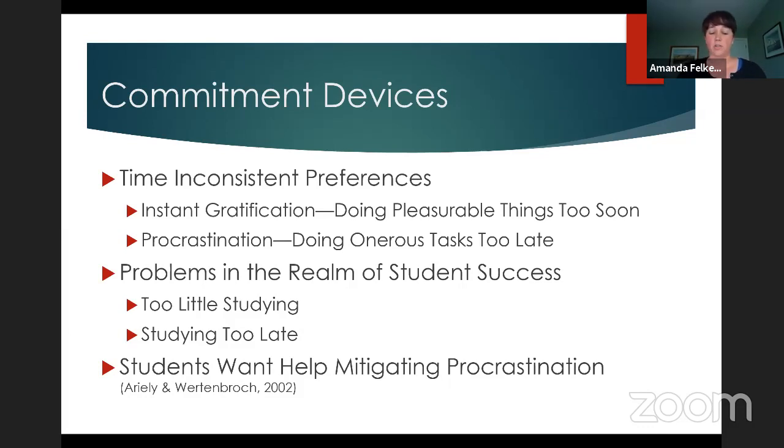Well, what they found actually was the majority of students wanted the evenly spread out deadlines, and those students who chose that did better. So not only is mitigating procrastination enhancing student performance, but students knew about their time inconsistency and wanted to mitigate it.